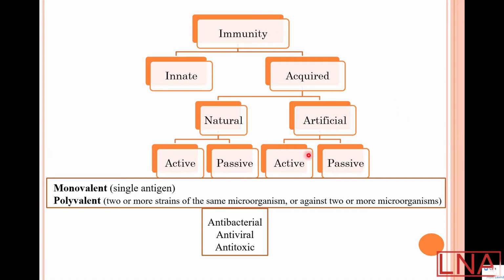All these natural and artificial, active and passive immunities can be monovalent, against a single antigen. A very good example here is influenza infection again. If a person was infected, he has acquired natural, active, monovalent antiviral immunity.